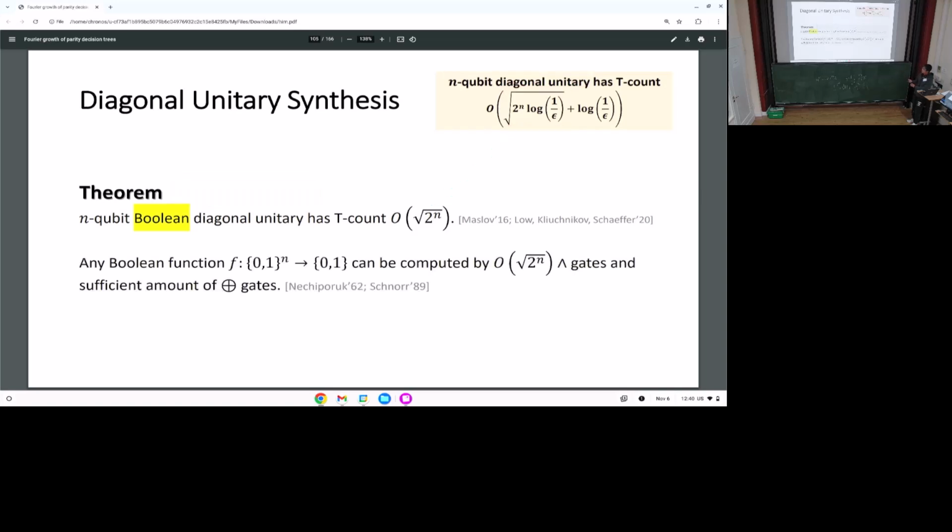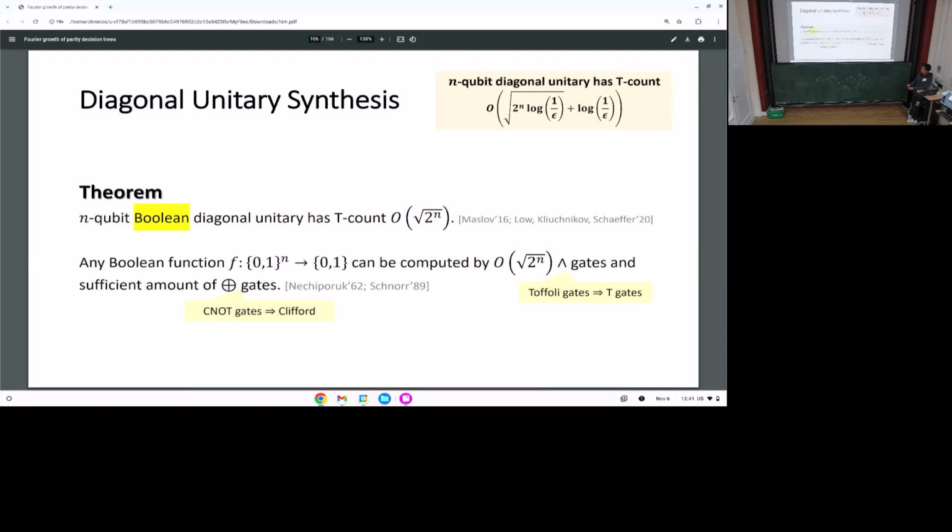This is true because of a classical reason. Any Boolean function has a Boolean circuit that only uses AND gates and parity gates, and the number of AND gates is square root of 2 to the n. We don't count the number of parity gates. This looks somewhat like Shannon's circuit bound, but here we have square root of 2 to the n instead of 2 to the n over n. If you accept this, every AND gate is a Toffoli gate in quantum computing.